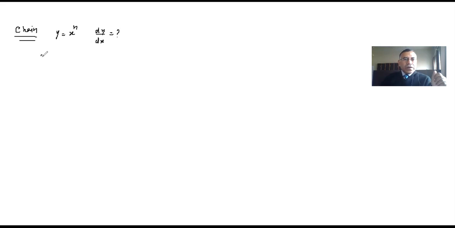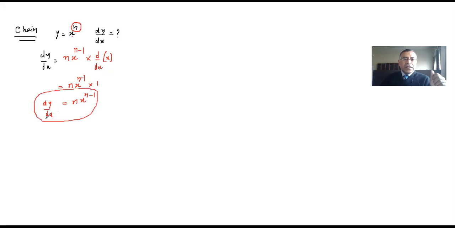Now see, dy by dx is equal to, first I will differentiate the power. So this is n x^(n-1). Then after the power, the base will come: derivative of the base with respect to x. dx over dx is 1. So this is equal to n x^(n-1). This is the derivative. This is called chain rule.